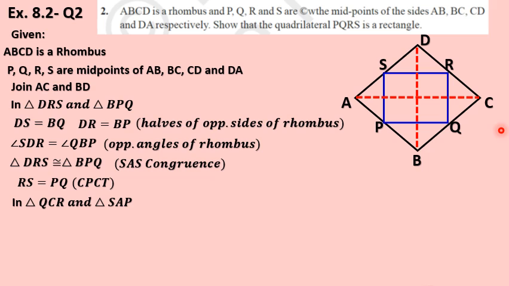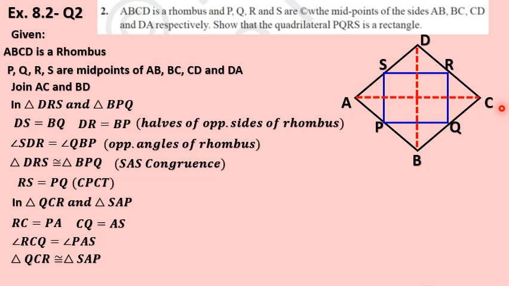Now in triangle QCR and SAP, these two triangles, from this we will get RC equals PA, CQ equals AS and angle C equals angle A. That means the two triangles are congruent. Therefore, QR equals PS, corresponding parts of congruent triangles.